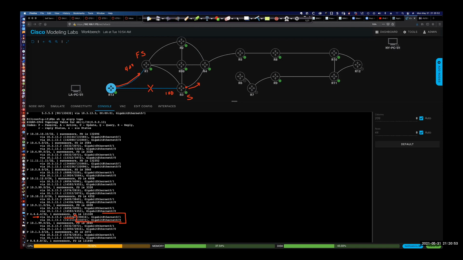So in other words, router 13 says, yeah, my best path is to go this way to router 3. That's the lowest cost. But hey, I've got this other path over here, and router 1 is telling me that to get there, the cost for router 1 is 131,072.